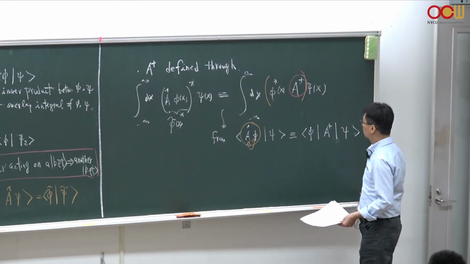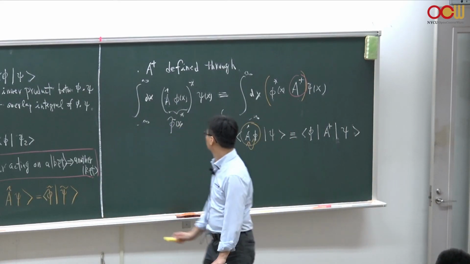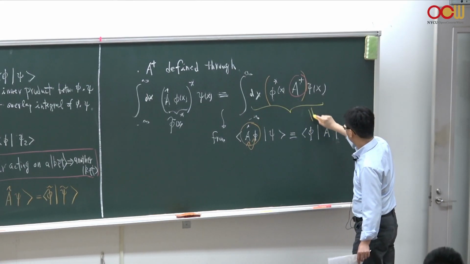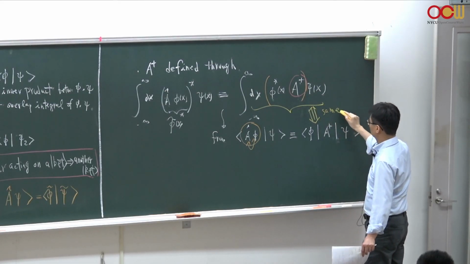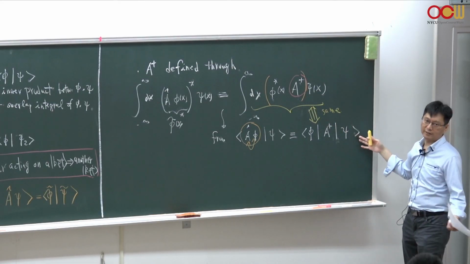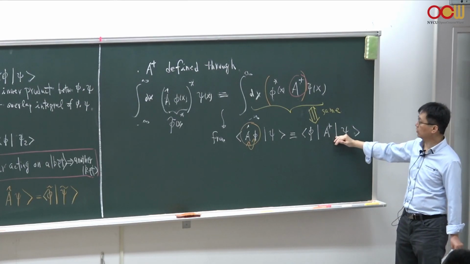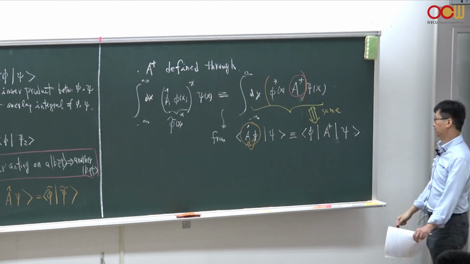So this is precisely another definition of A dagger through Dirac bra-ket notation. And you could simply identify these two expressions to be the same. So this is the same as this one. And indeed, they are identical, because if you translate this Dirac notation back to the overlap integral, this is precisely what you should get.